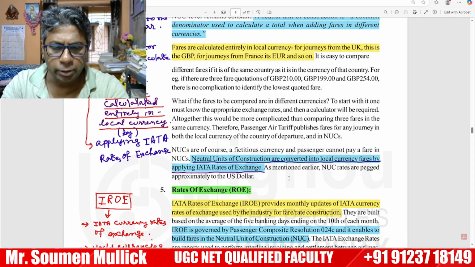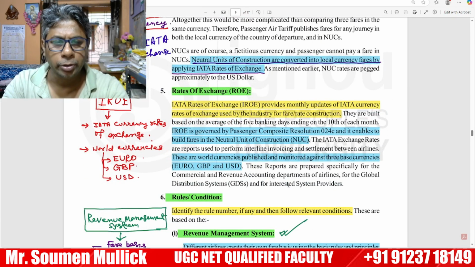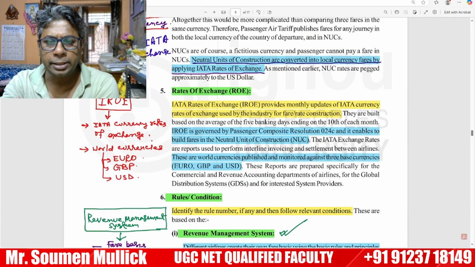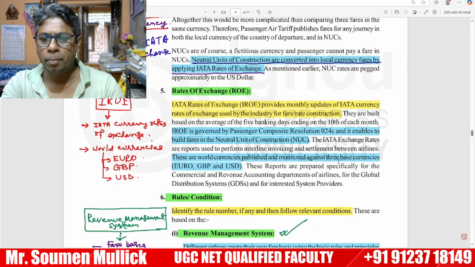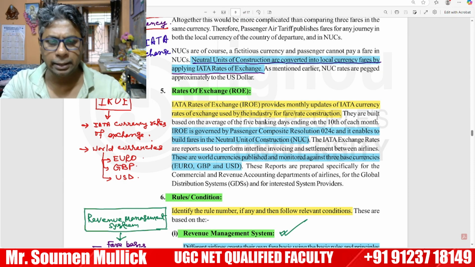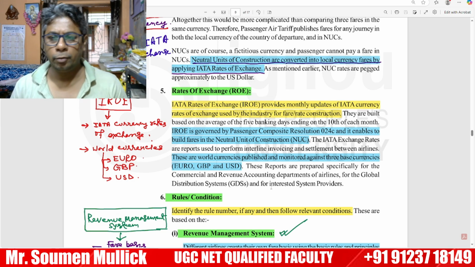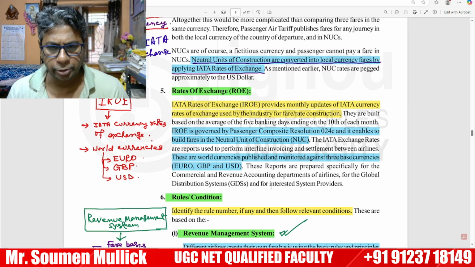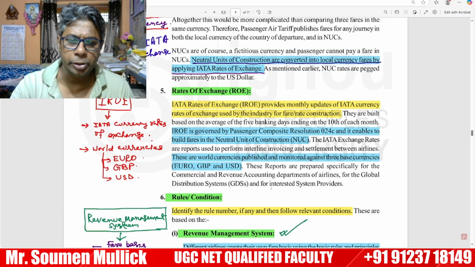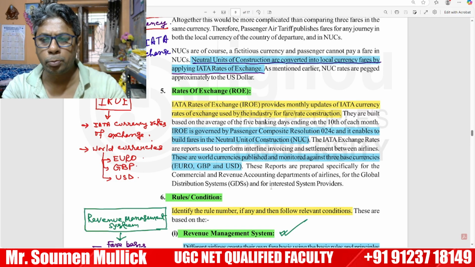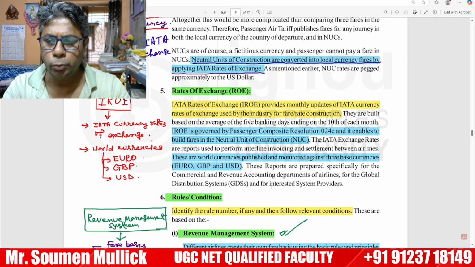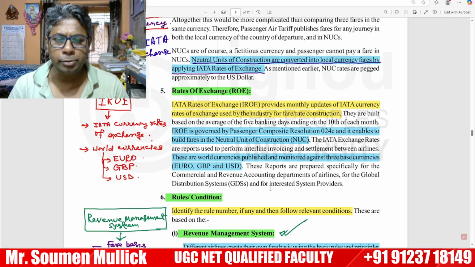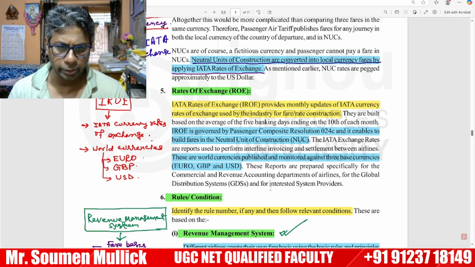Our next important point, rate of exchange. IATA rate of exchange provides monthly updates of IATA currency rates of exchange used by the industry for fare or rate construction. IATA rate of exchange is governed by passenger composite resolution 024C, and it enables building fares in the neutral unit of construction.